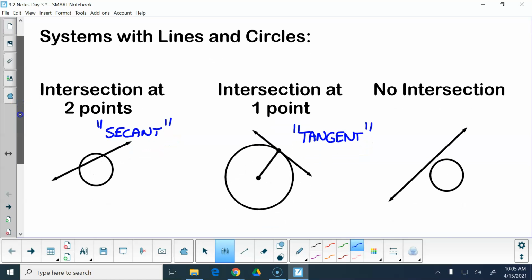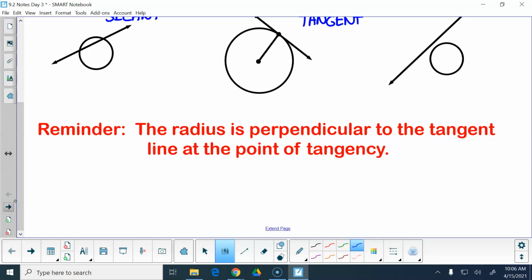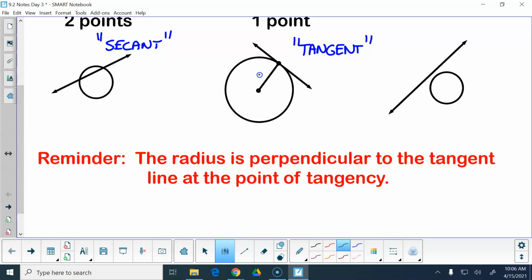Now, I have to remind you from geometry that the radius, which we'll call R, the green line segment, is perpendicular to that tangent line right here at what's called the point of tangency.